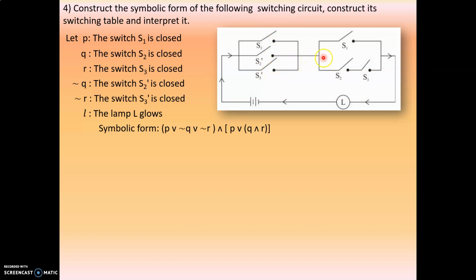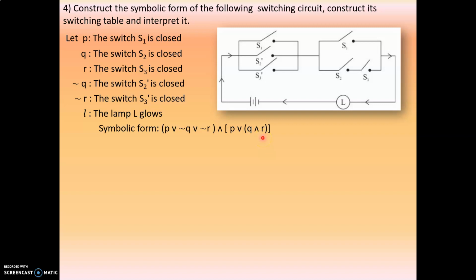And this set is connected in series with other set. So and inside the bracket first is P and P is connected parallel to other two switches, that is Q and R. So P or (Q and R).